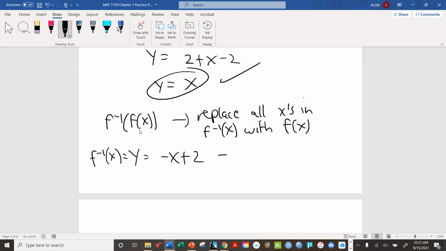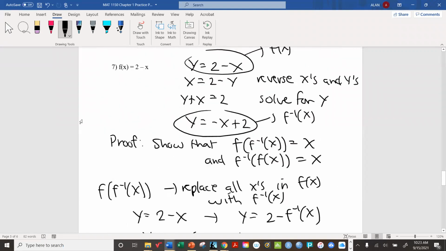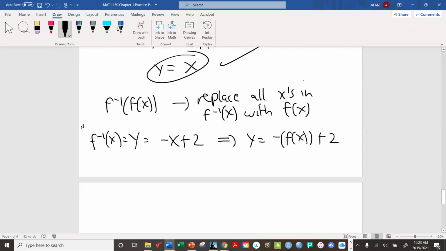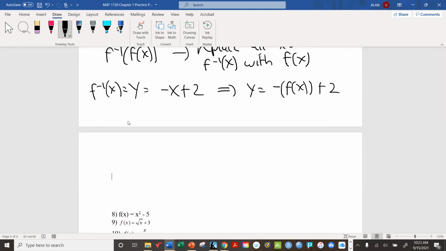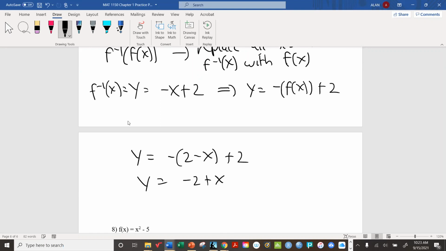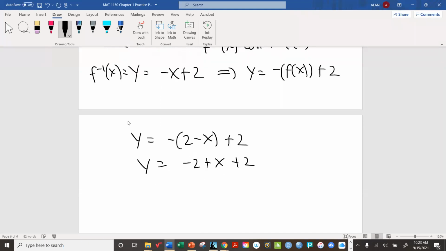So now this becomes y equals minus f of x plus 2. And f of x itself, the original function, was in fact 2 minus x. So this is where we're going. And there we go.